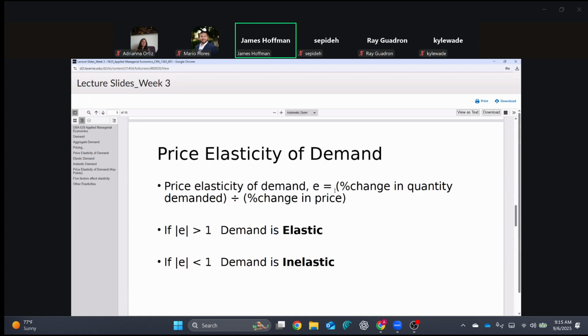But just know that elasticity is always negative, because as you point out, we're always looking at a negative relationship based on the demand curve. If you remove the negative, it makes it a little bit easier to talk about.